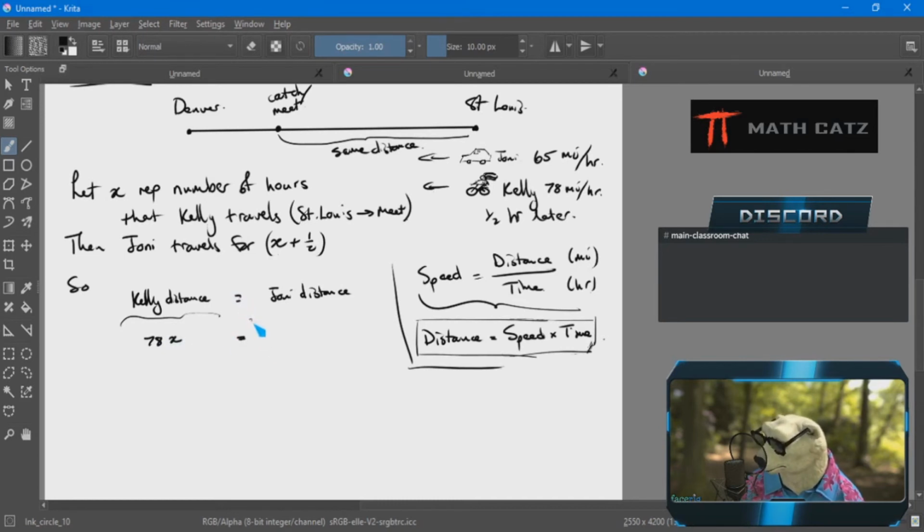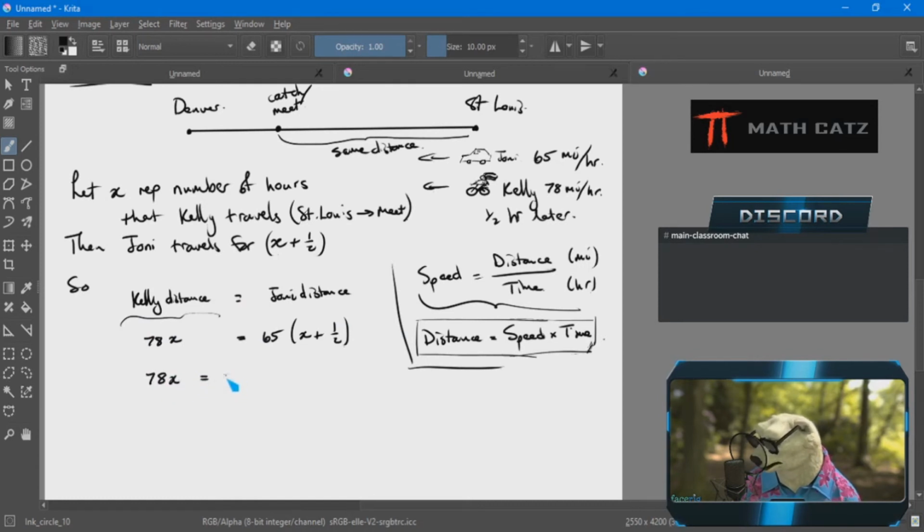It's going to be the same as Joni's distance. So the distance that Joni travels: speed 65, times time, x plus 1/2. There's my equation.